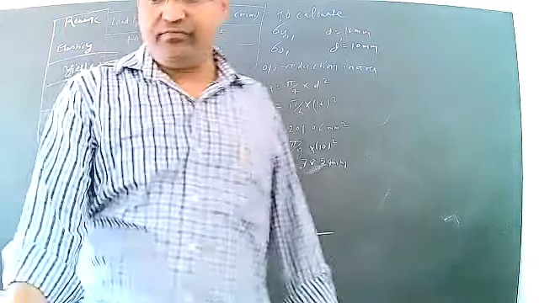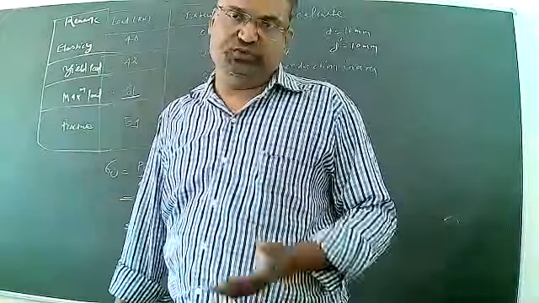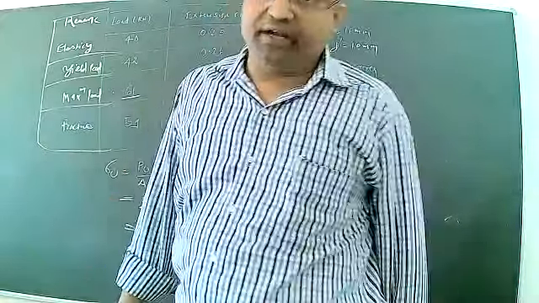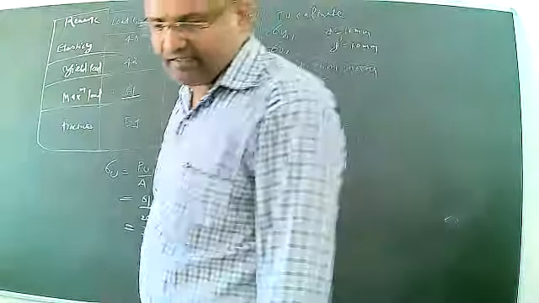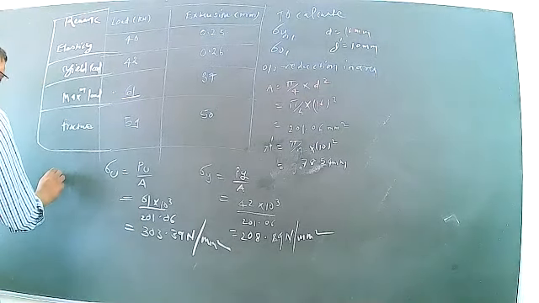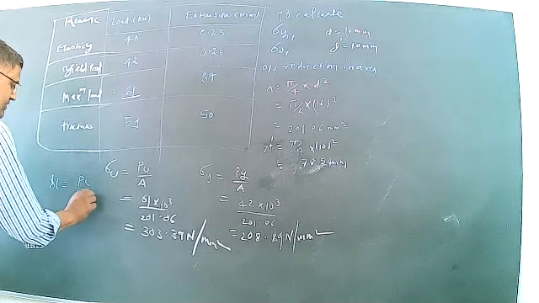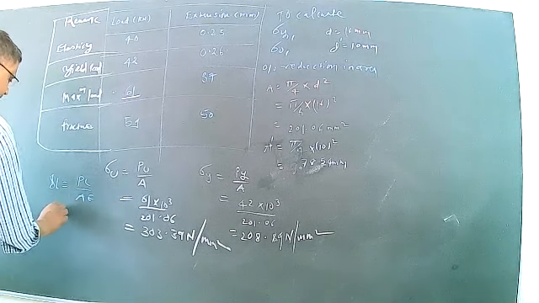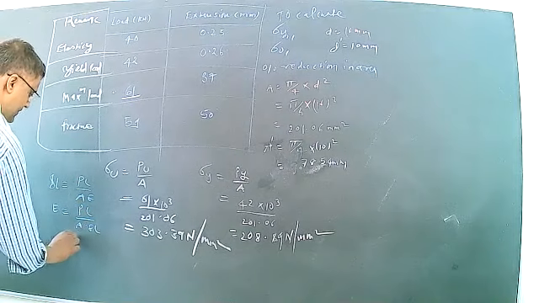It is also provided. Then according to that information, you can use the value of yield load and ultimate tensile load. Then next, modulus of elasticity, delta L is equal to PL upon AE. Then you just calculate E is equal to PL upon A into delta L.